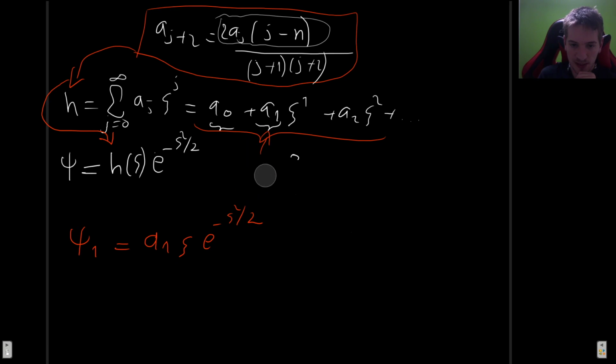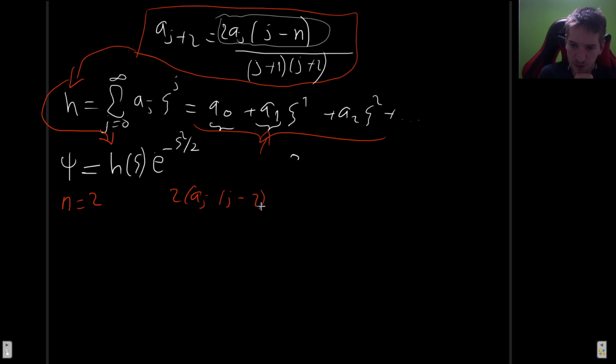So let's do one more example with psi2, because that's actually where things change a little. So let's go for n equals 2. In this case, we get 2aj times (j minus 2). And this time, there's not just one value allowed. We can have j equals 0, which is still less than our maximum value, but we can also have j equals 2, which will be our maximum allowed value.